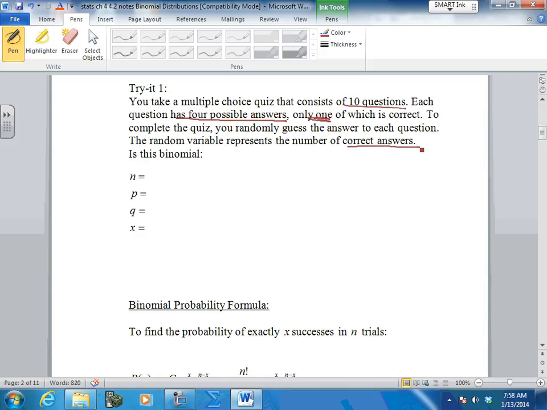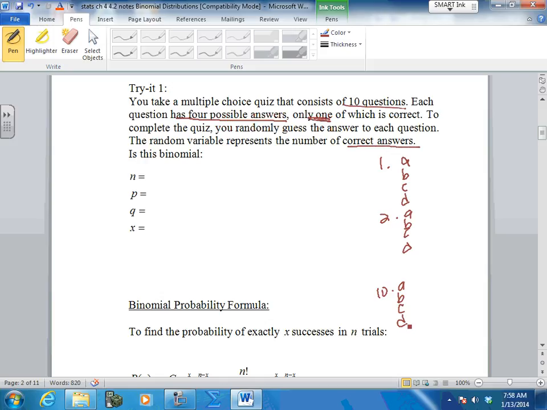So this one, how many possible answers can you get on your multiple choice? This is what your multiple choice looks like, all the way to 10. Each question has the same amount: A, B, C, D has 4 choices.